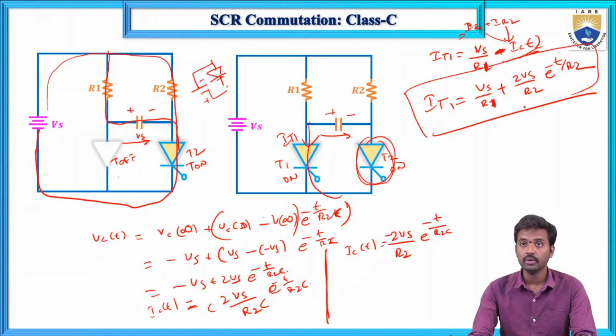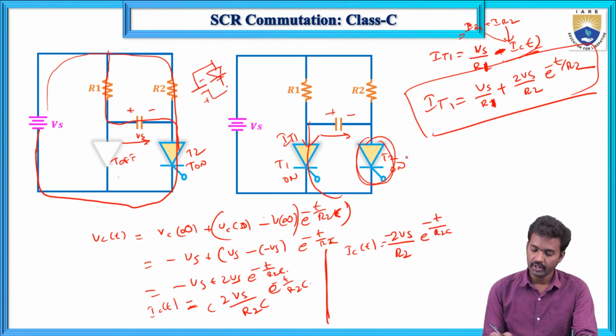Now to turn off this SCR, this T1 SCR, there is a formula, so that is minus Vs to 0. Now here VC must be 0, which means T equals R2 C ln 2.